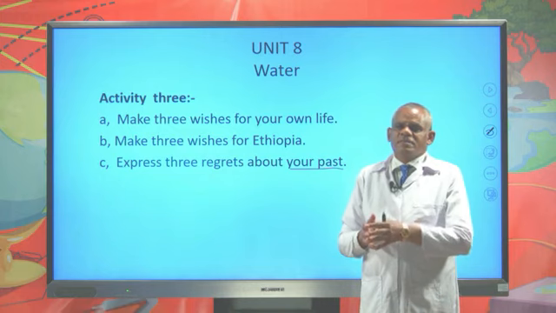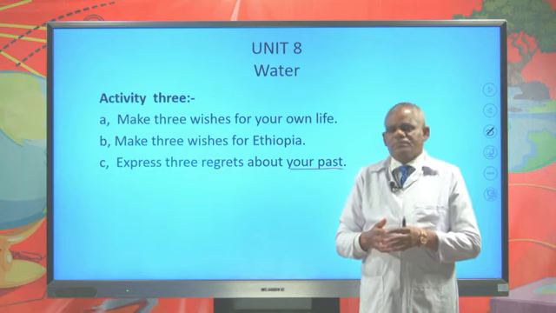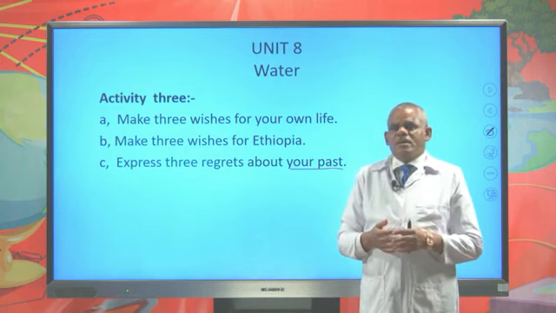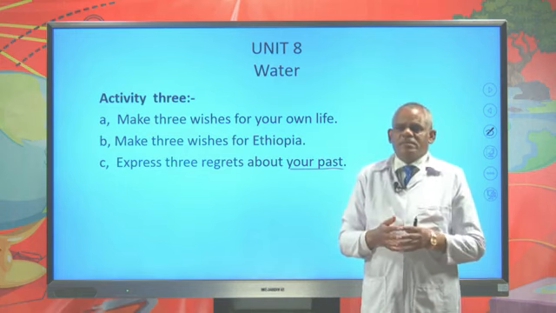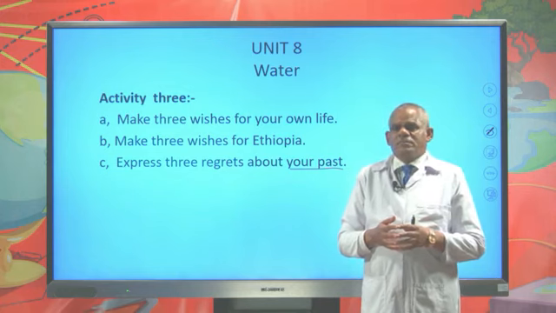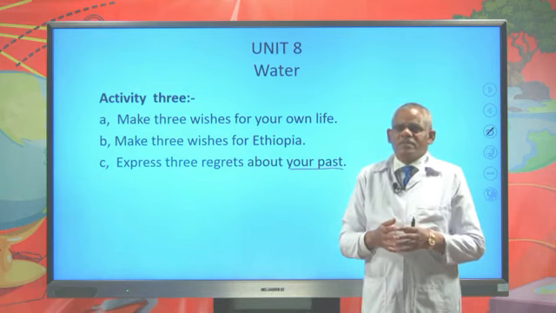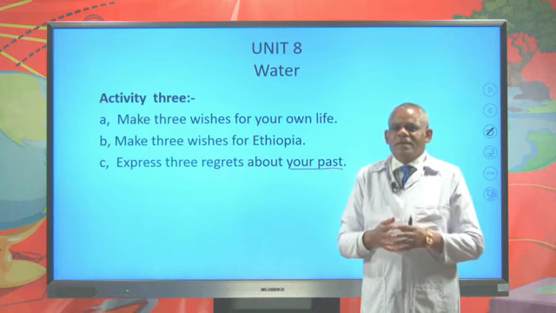It represents regrets in the present and future. Similarly, to express regrets in the past, I would like to remind you again of the form: subject plus wish plus subject plus had plus V3 form, or past perfect tense. When you form a wish structure in such a case, this shows that you regret in the past.